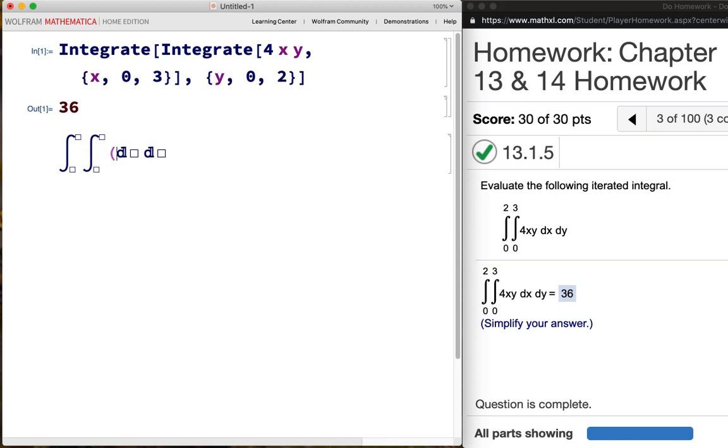I recommend using parentheses. 4 times x times y. My inner variable of integration is x. My outer variable of integration is y. My x limits are 0 to 3. My y limits are 0 to 2.